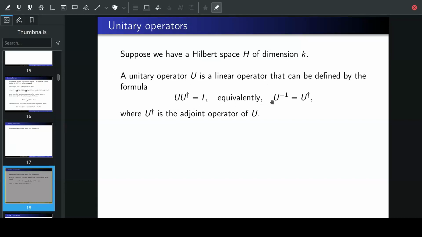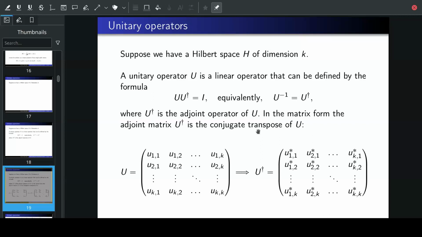Equivalently, there exists the inverse operator of U, and it should be equal to the adjoint operator. I recall that in matrix form, the adjoint matrix is just the conjugate transpose of U.